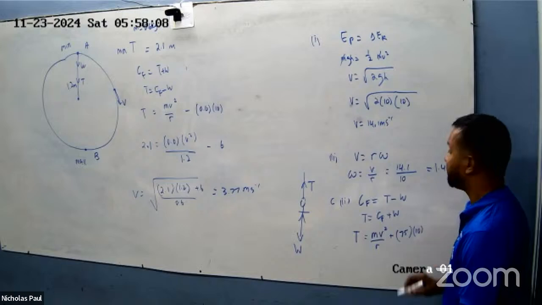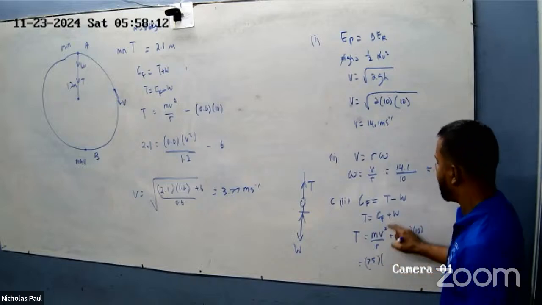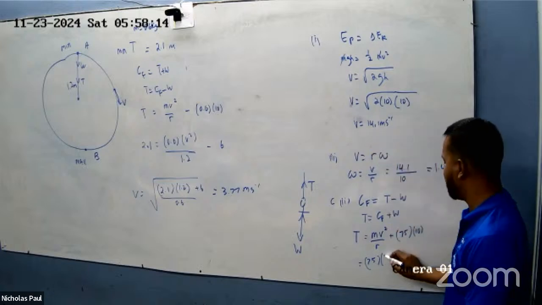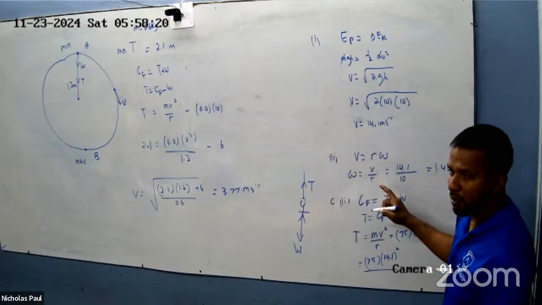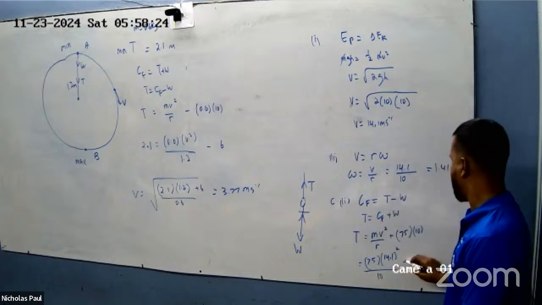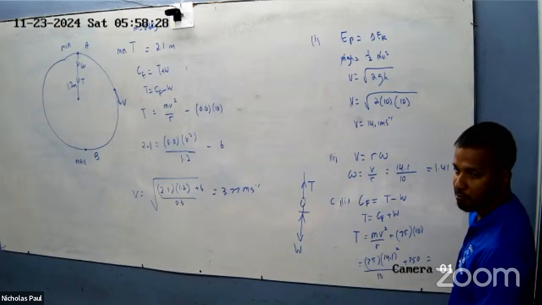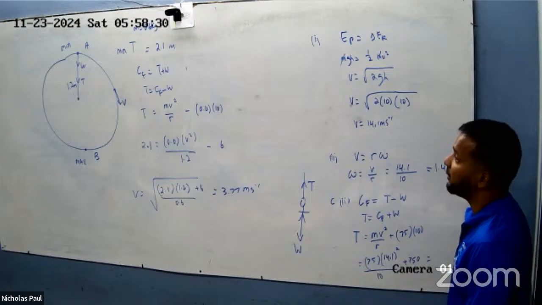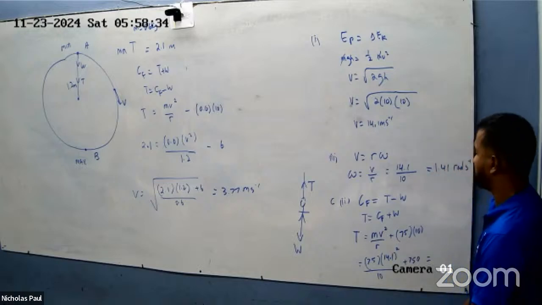We know the mass is 75. The velocity we found already, 14.1 squared, and the radius is 10. Plus 750. What is that? So I use 14.1, so I check.